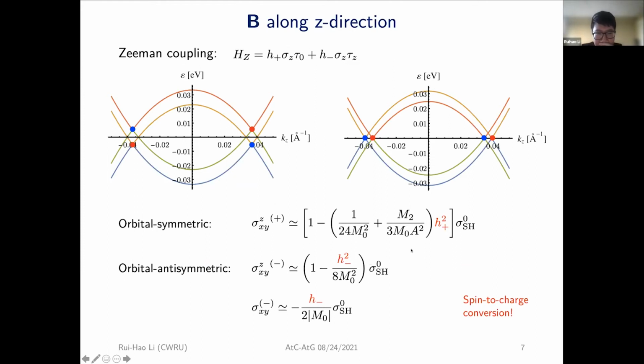Sorry, for the spin Hall, the high field will be higher than for the anomalous Hall because there's a square suppression from this factor. Okay.